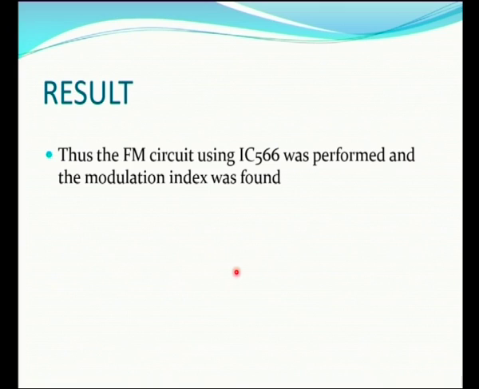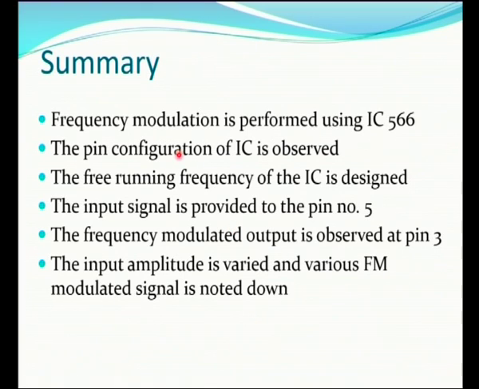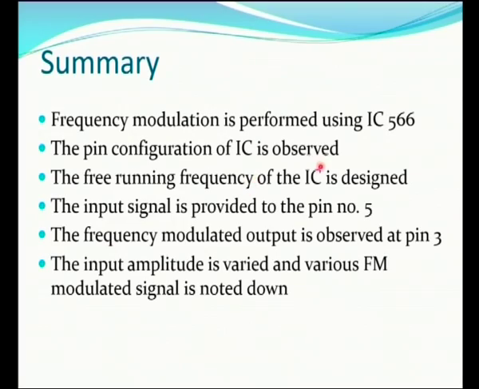So, the result: the FM circuit using IC 566 was performed and the modulation index was found. Summary of this experiment: frequency modulation is performed using IC 566. The pin configurations of the IC are observed. It is an 8-pin IC. The free running frequency of the IC is designed and then the circuit is completed.